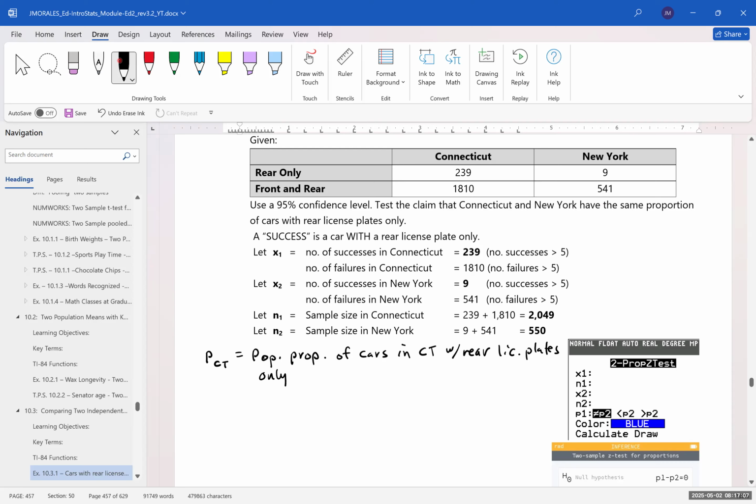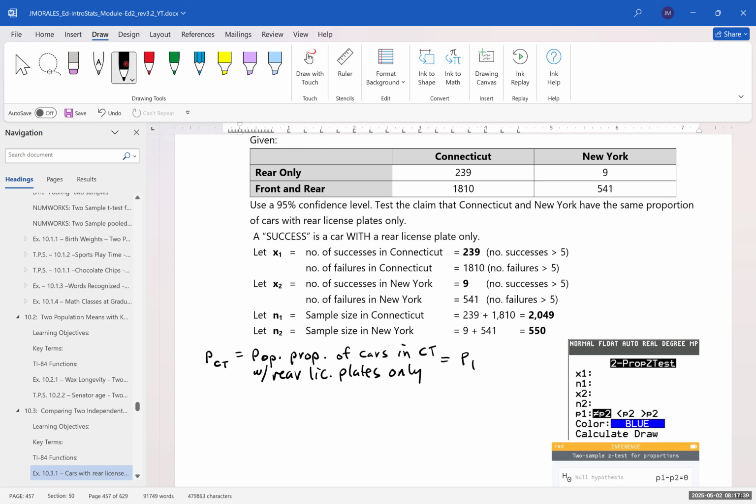Let me rewrite that a little bit because I want to leave myself some room off to the side. The population proportion of cars in Connecticut with rear license plates only. All right. And we're going to refer to that as proportion 1.